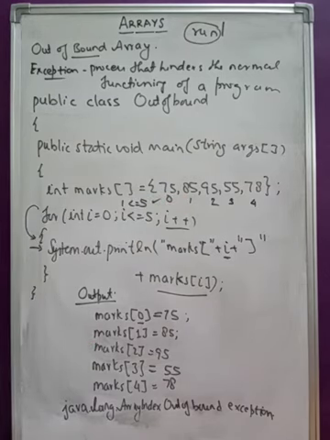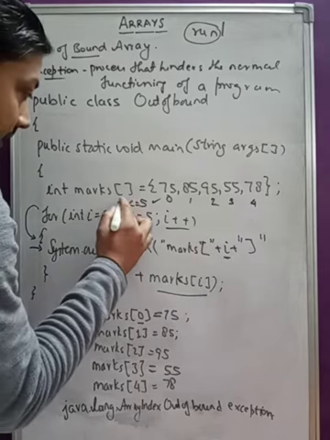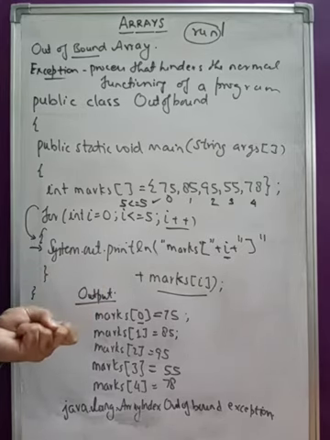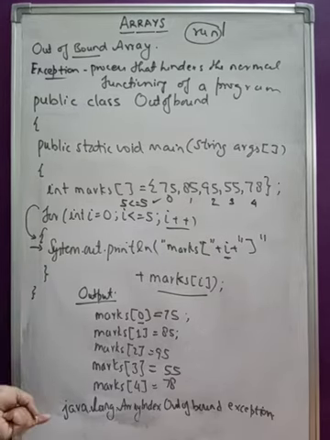After index number 4 is printed, the loop will run for the 5th time, checking the condition 5 is less than or equal to 5. This condition is still true, so it will execute the statements. But in this case there will be an exception.